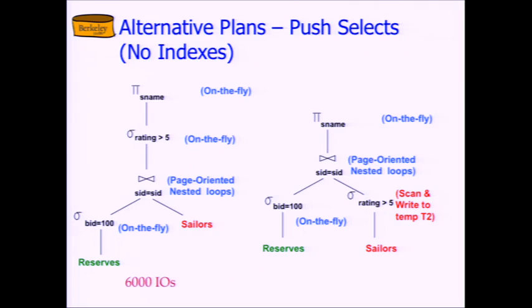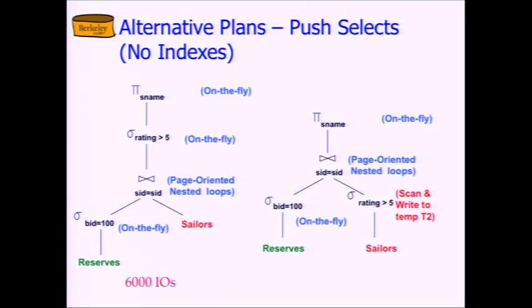So we'll scan reserves. The first time we take a pass of sailors, we're going to take out those guys with ratings greater than 5 and write it to a temporary file called T2. And from then on, we're just going to scan T2 every time we read a page of reserves. So there's sort of a different plan here, really. You might even say there's a different physical operator for selection. It's a materialization operator.